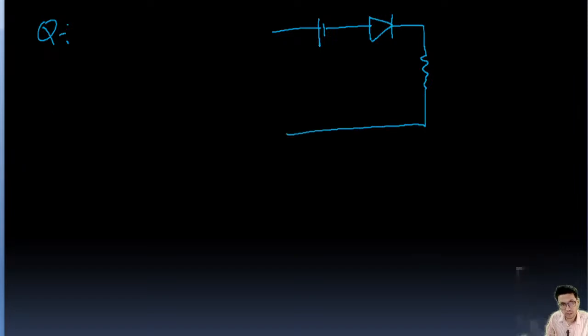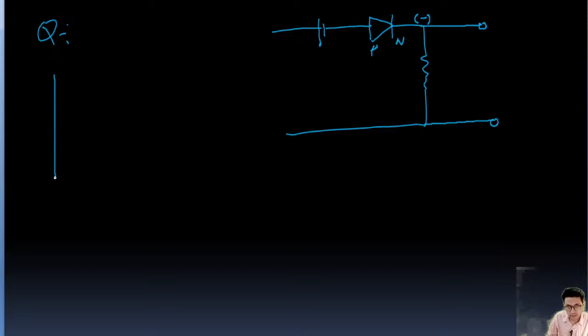Okay, and this was the parallel clipper. So this is V output. We are solving this by trick. Okay, this part is negative, because this is P and this is N. This is the clipper, and the input is given like this.